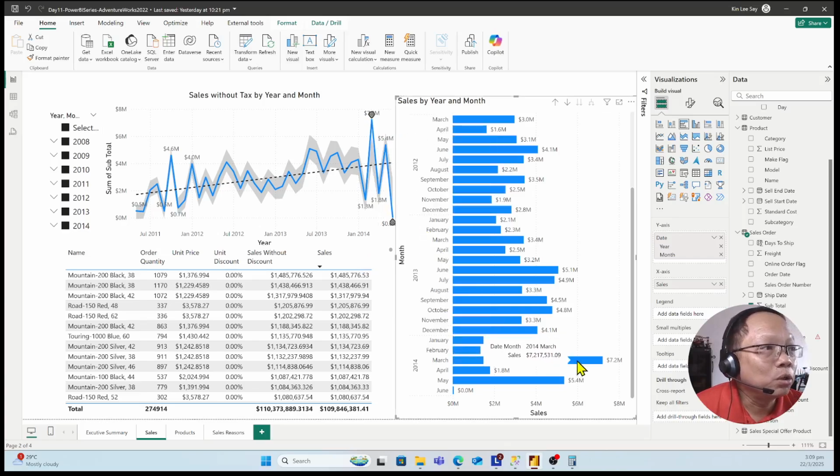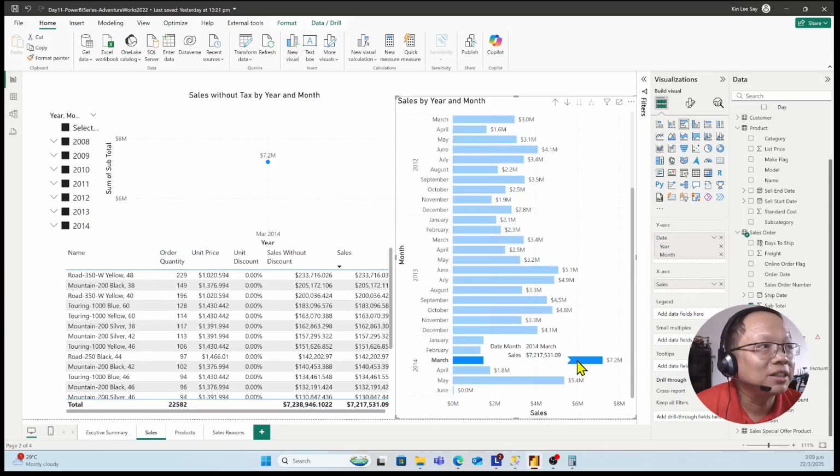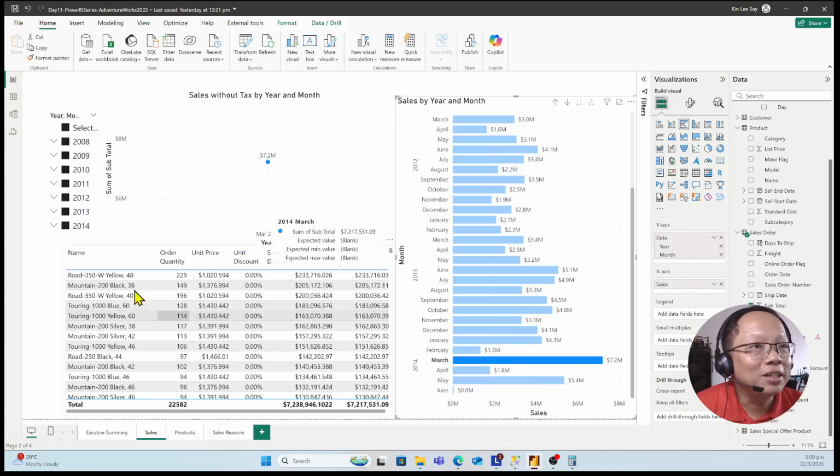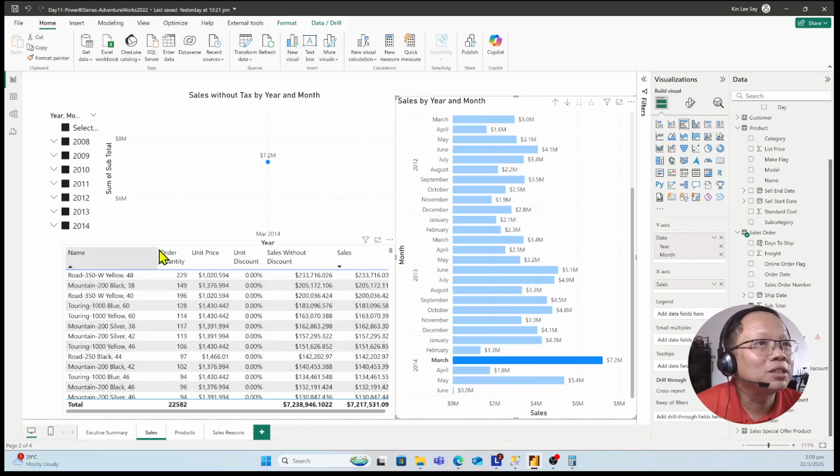If I select this, this changes to just this month, and this table row will only display the products for this month. So the best selling on this day is actually the Road-350-W Yellow 48.